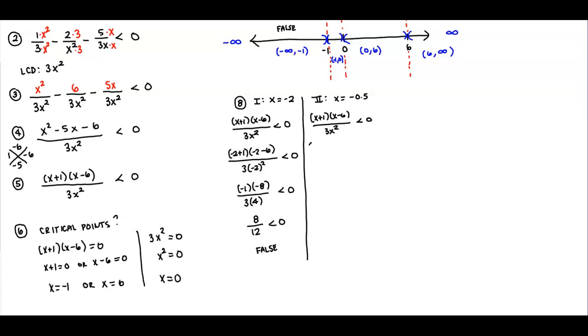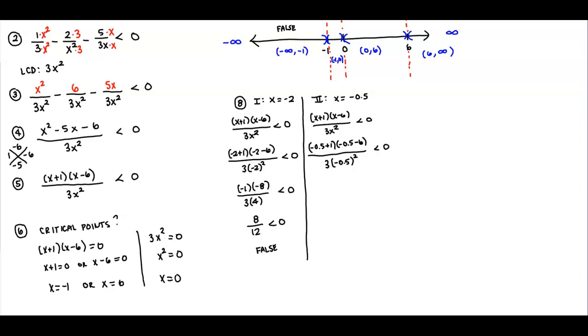Now let's plug in -0.5. So we have (-0.5 plus 1)(-0.5 minus 6) divided by 3 times (-0.5) squared, and we want to see if that's less than 0.